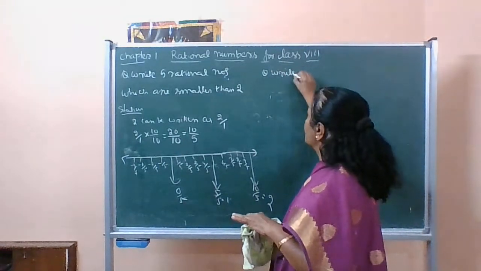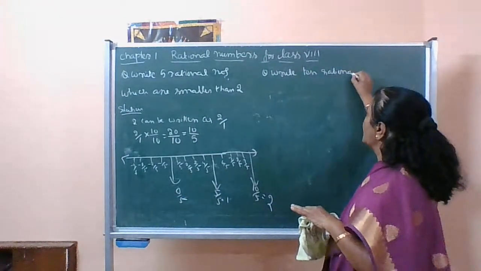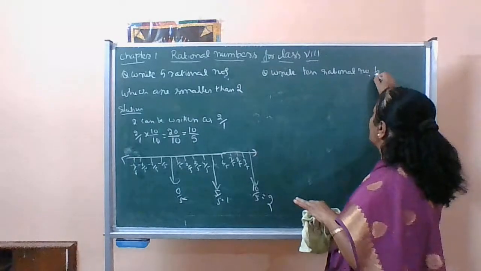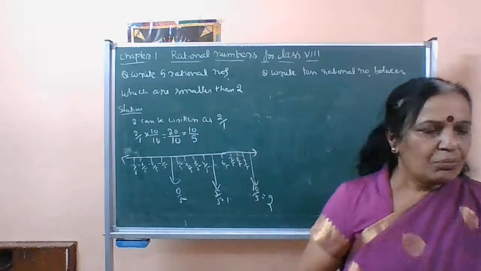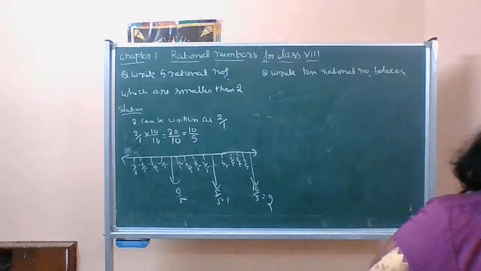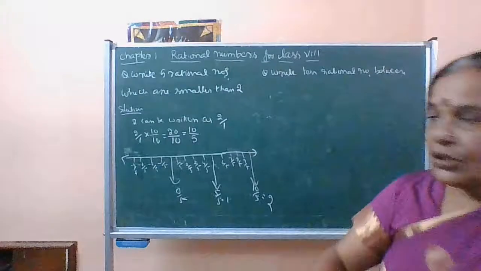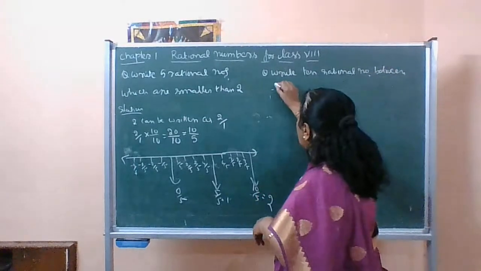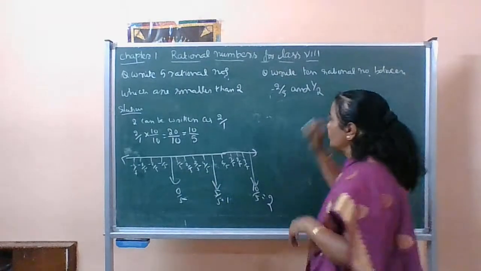Write 10 rational numbers between minus 2 by 5 and 1 by 2.